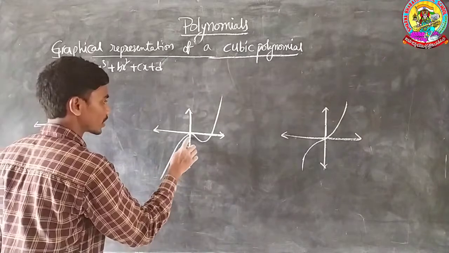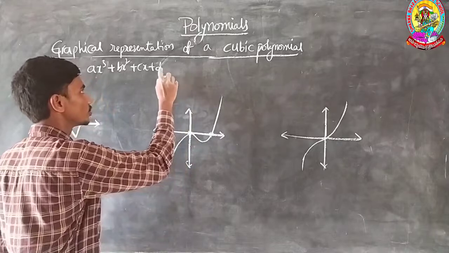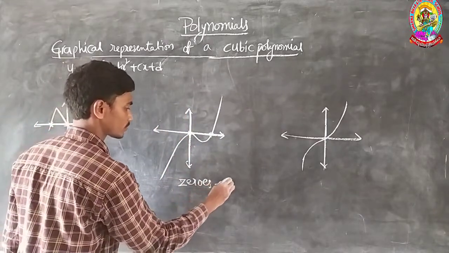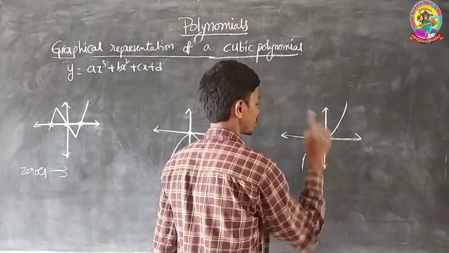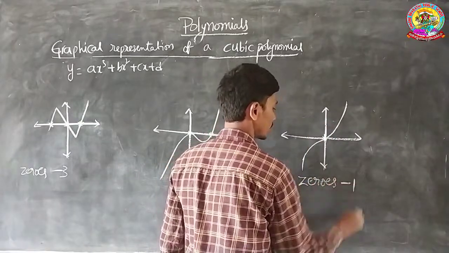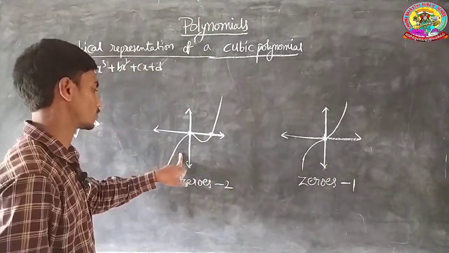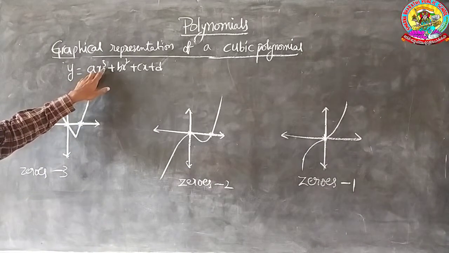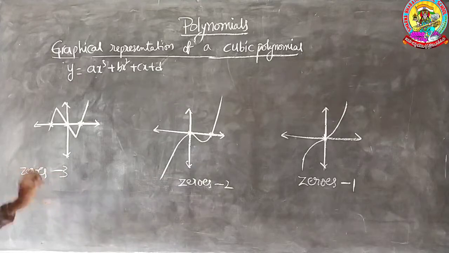In this situation, the graph intersects the x-axis at two distinct points only, so the cubic polynomial has two zeros. In this situation, the graph intersects at only one point, so the number of zeros is 1. Here the cubic polynomial degree is 3, so at most it has 3 zeros.